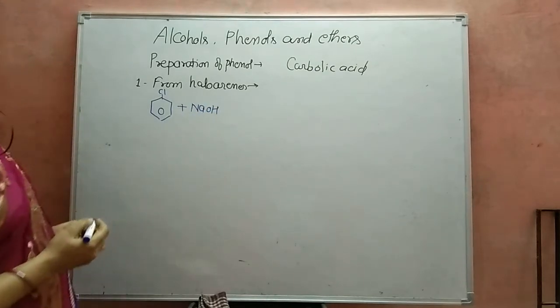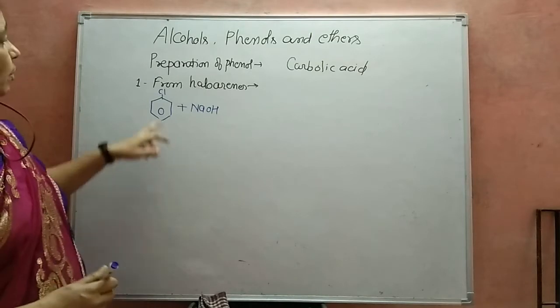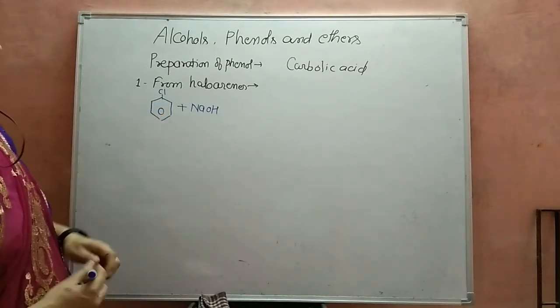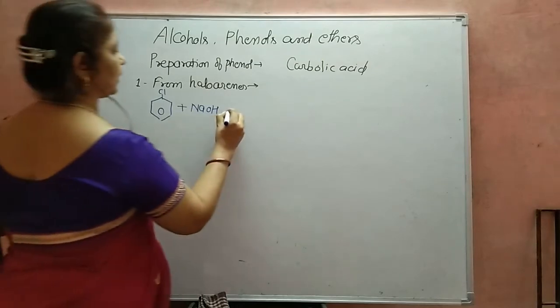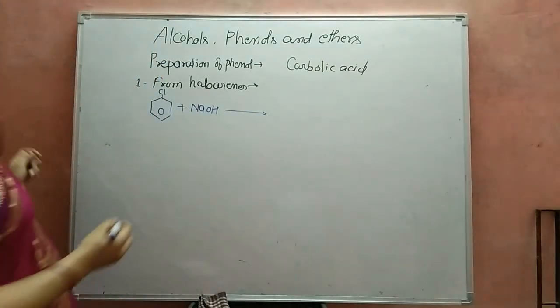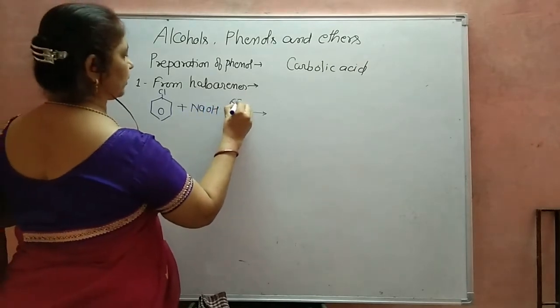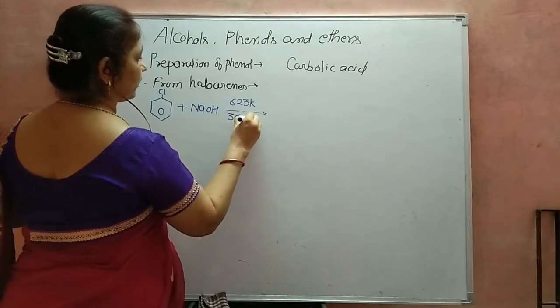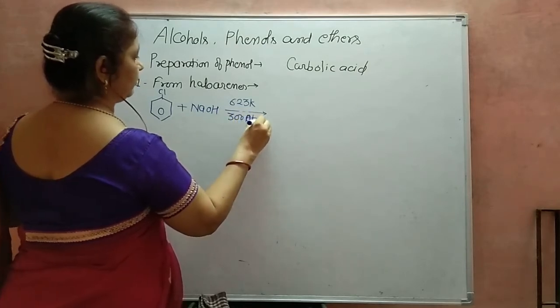This is a nucleophilic substitution reaction, and haloarenes are less reactive toward nucleophilic substitution. So for this reaction we have to create certain conditions, such as 623 K temperature and 300 atmospheric pressure.